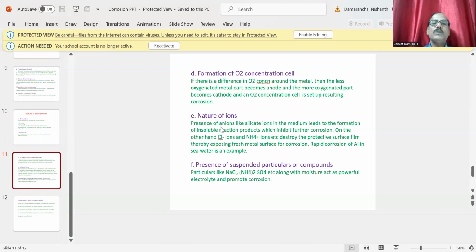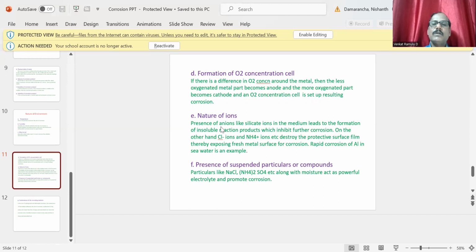Then the fourth one, formation of oxygen concentration cell. Here we can explain by partially dipping one metal rod in the conducting liquid. Some part of the metal is above, which has a high concentration of oxygen, and the lower part of the metal, which is inside the conducting liquid, has a lower concentration of oxygen.